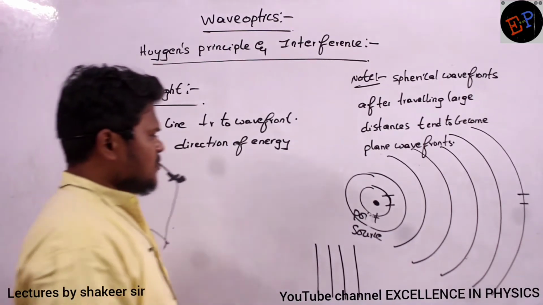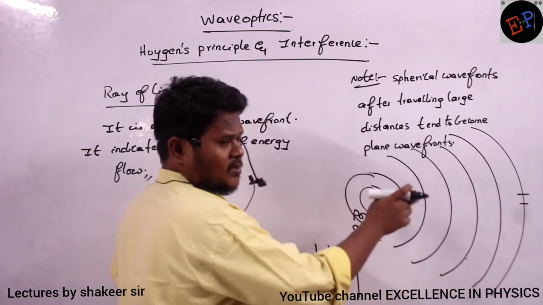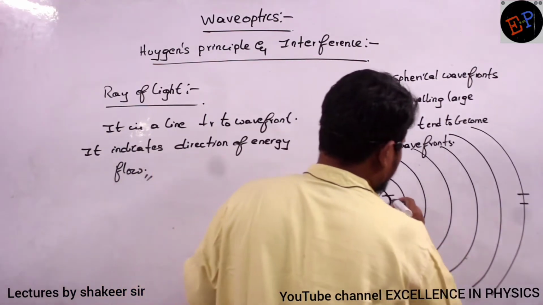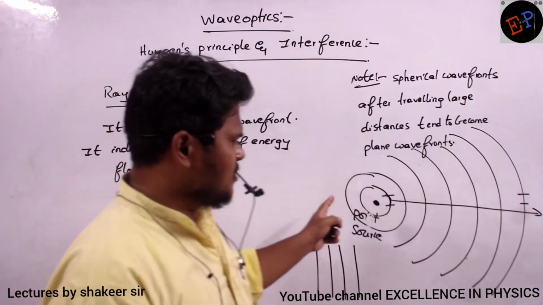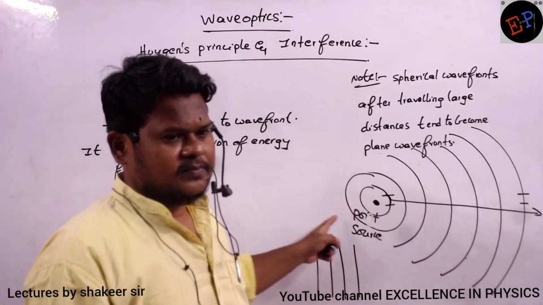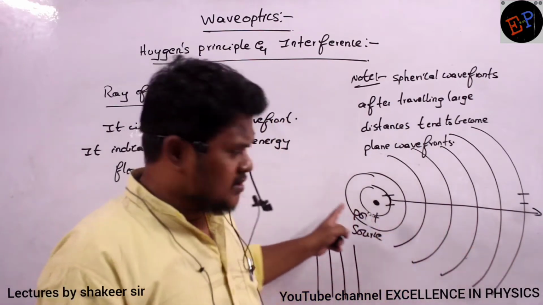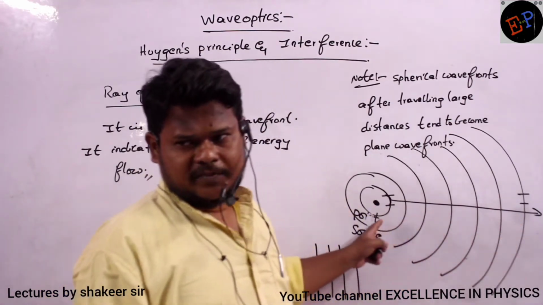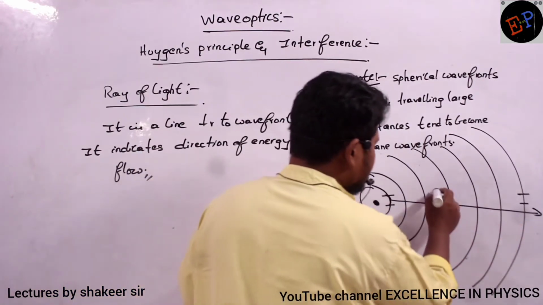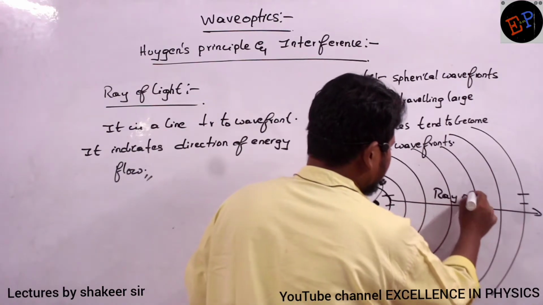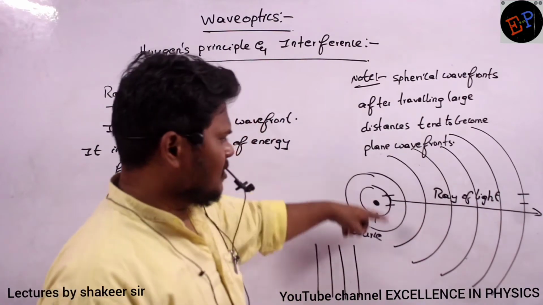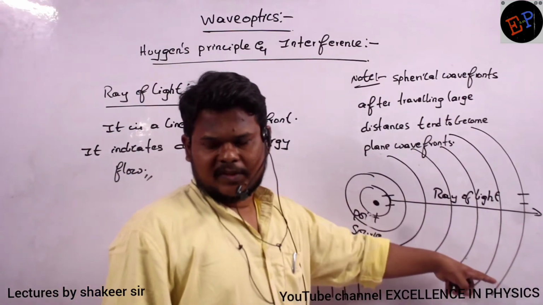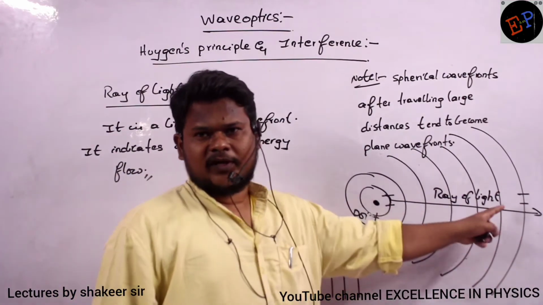Now see here, these are the wavefronts. If I draw a perpendicular line to these wavefronts like this, what does this perpendicular line indicate? This is the direction in which energy is flowing. So this is called a ray of light. Actually, light travels in the form of wavefronts, but we have taken a ray of light and studied ray optics.